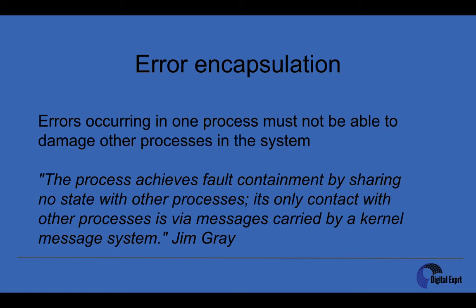And Jim Gray says that the process achieves fault containment by sharing no state with other processes. Its only contact with other processes is via messages carried by a kernel message system. So again, not a monolith, complete isolation, and no sharing of any state. Just communicate with other processes via messages.